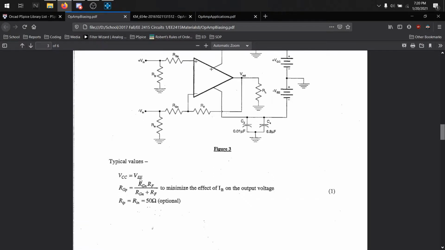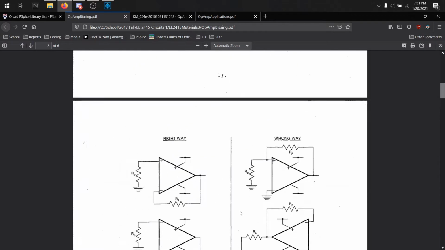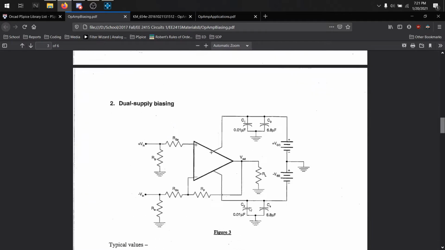So VCC equals VEE, and then RGP equals the parallel combination of these two. That's so it's balanced, to minimize the effects of IB, which we saw in the other slide.